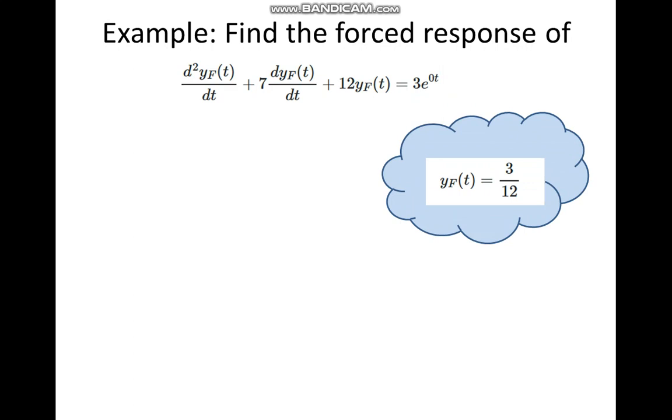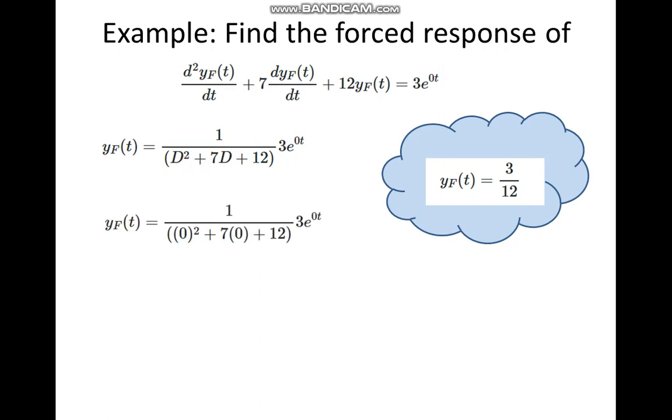But now let's apply the inverse operator D method on it to find the solution. Adopting the same methodology as previously, yf becomes this. But now the power of e is 0, so replacing D with 0, we get this. On simplifying, we get the final answer as this. Yes, we got the same answer in both cases.